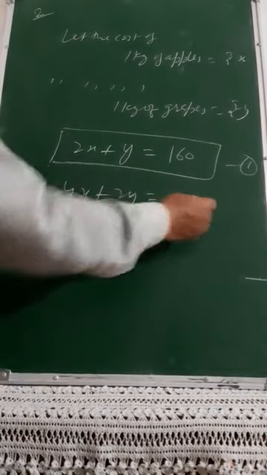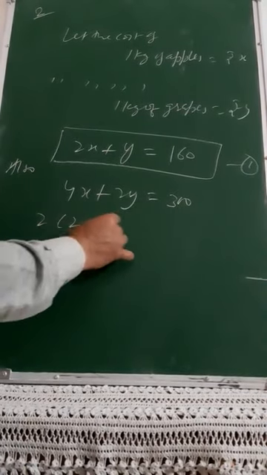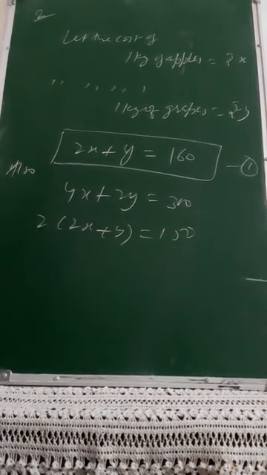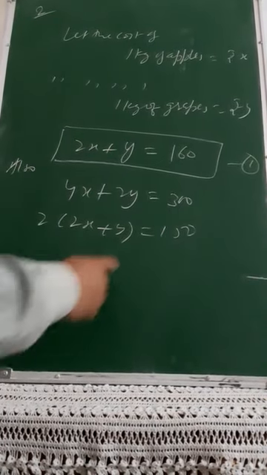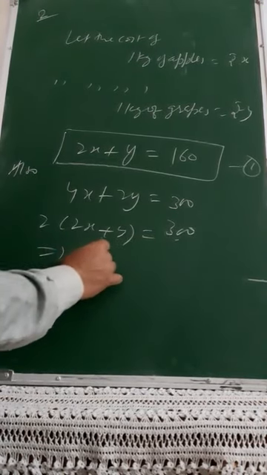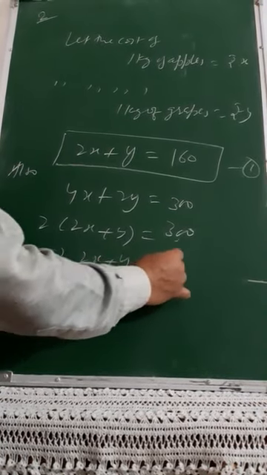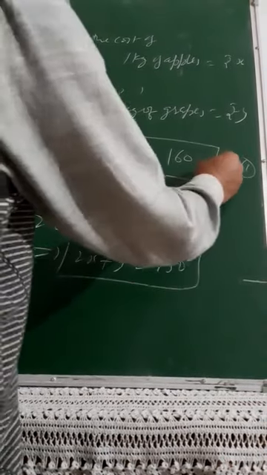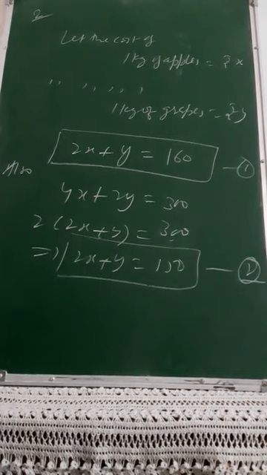It can be reduced to its lowest terms by taking 2 common: 2x plus y is equal to 150. So this is your equation number 1 and this is your equation number 2.